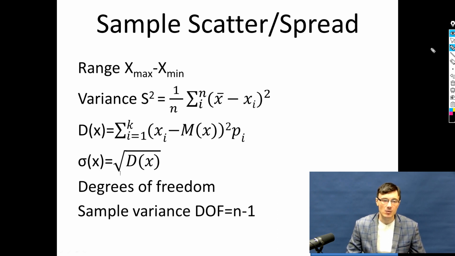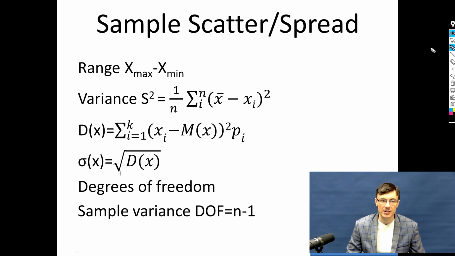Then we calculate variance as S squared, equal to the sum of the differences between the values of our set and the average value, all to the power of 2.